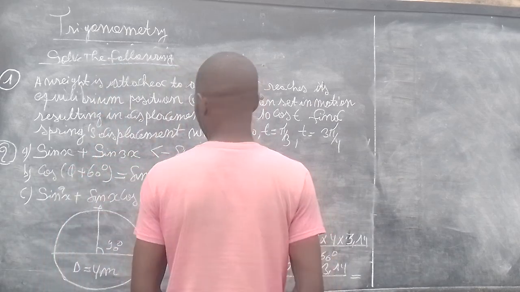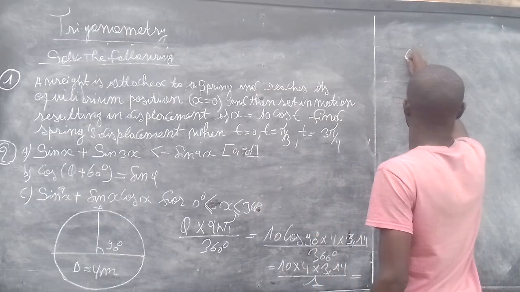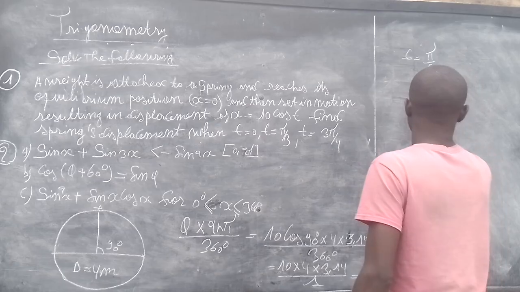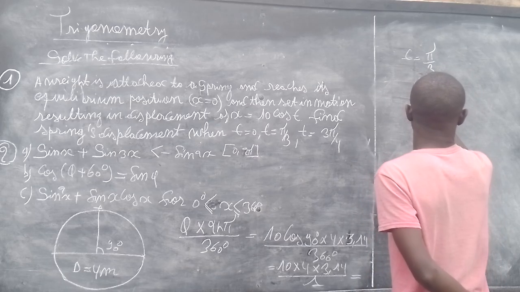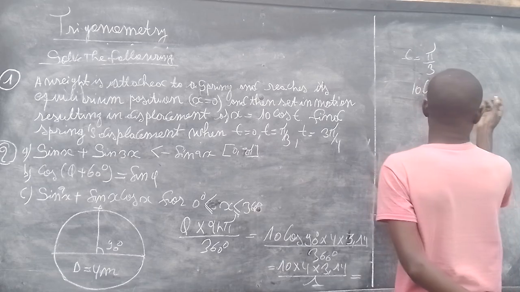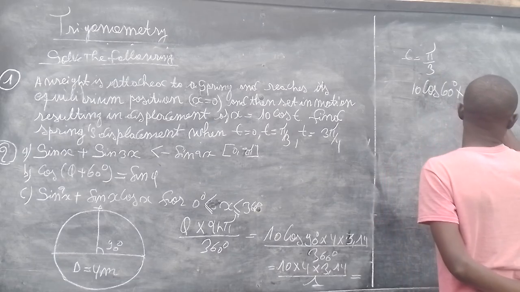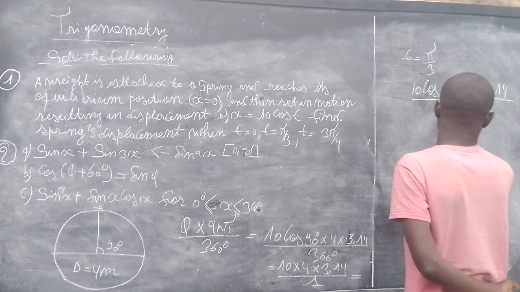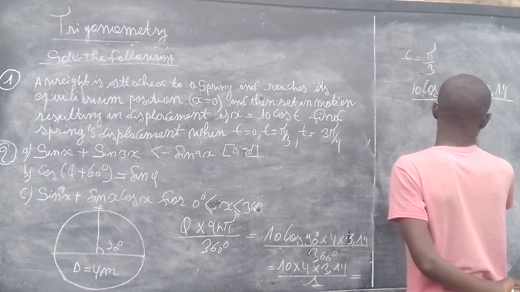So let's move to the second sub-question, where t equals pi over 3. Then here we have 10 cosine 60 degrees times 4 times 3.14 over 360 degrees.